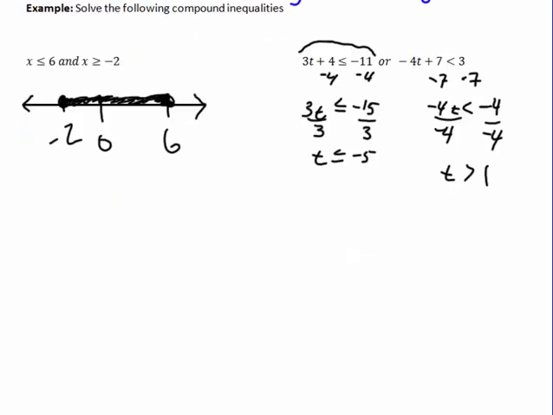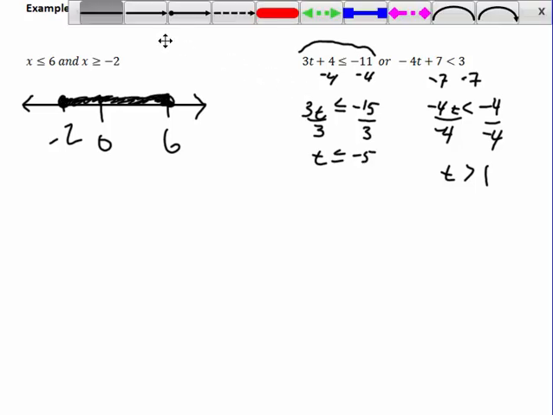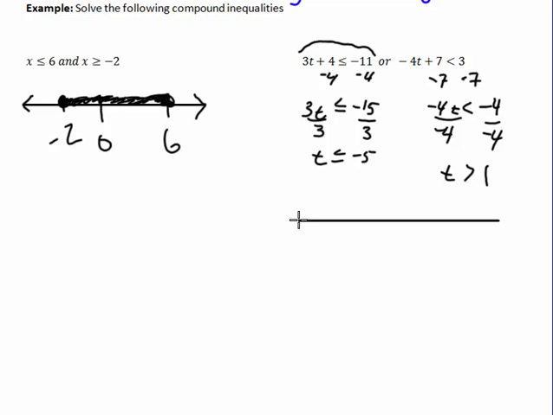So here, I need to put both of these inequalities on one number line. So here, I want to get my number line out. We have a 0. Over here we have a 1, and way over here we have a negative 5.